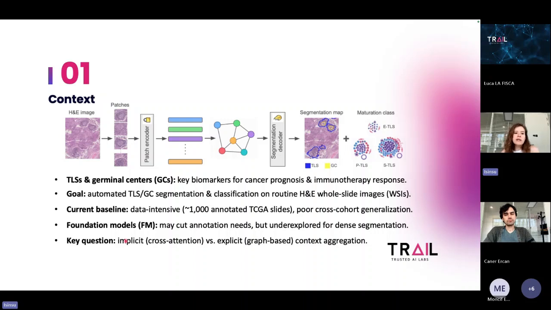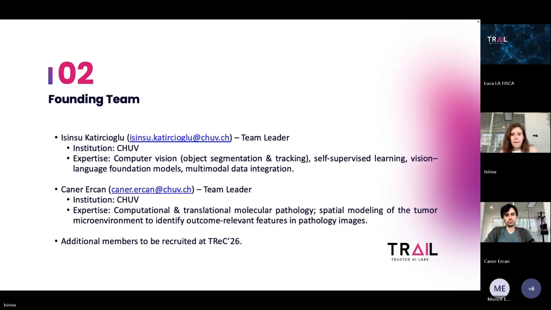The first one being the implicit approach using a vision transformer, and the second one is a graph-based approach that comes with a predefined topology. So we want to understand which one is better at unraveling the spatial context and also at generalizing to new patients.